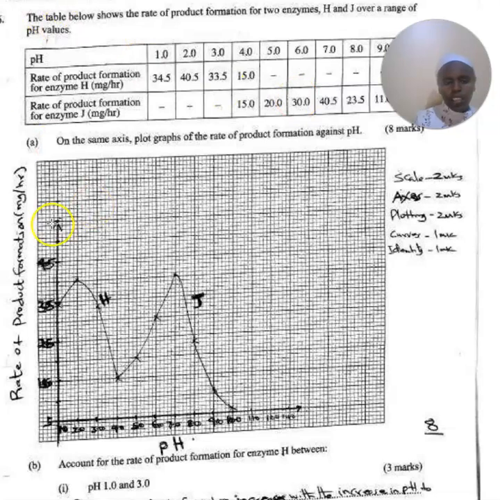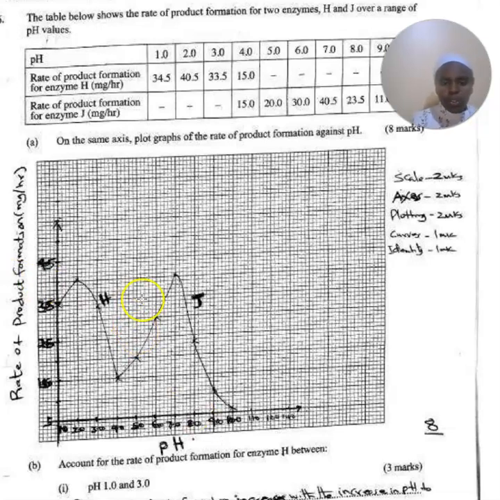So this is the graph. You're supposed to label your axis. This is the Y axis, this is X, and you're told to plot the rate of product formation against pH. Product formation is on this axis against pH. The one against, you draw it on the X axis.